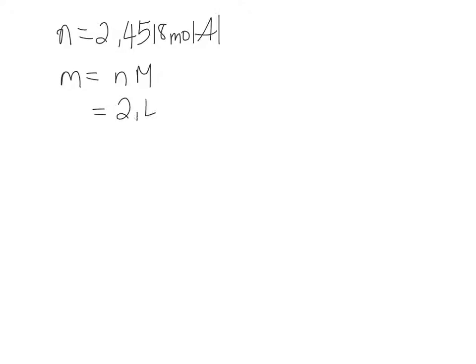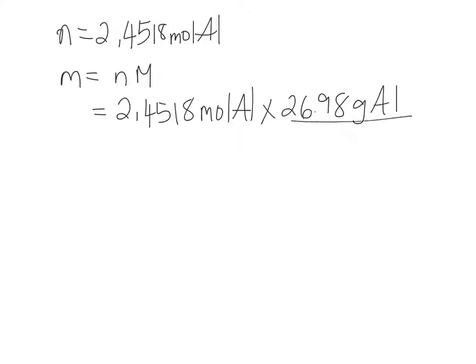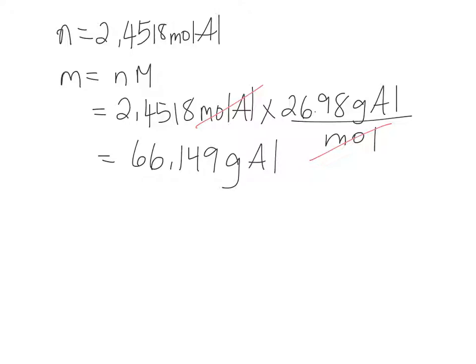So 2.4518 times 26.98 grams per mole. Our moles are going to cancel. We're left with grams. So 66.149 grams of aluminum. We started with 3 sig figs, so 66.1 grams of aluminum.